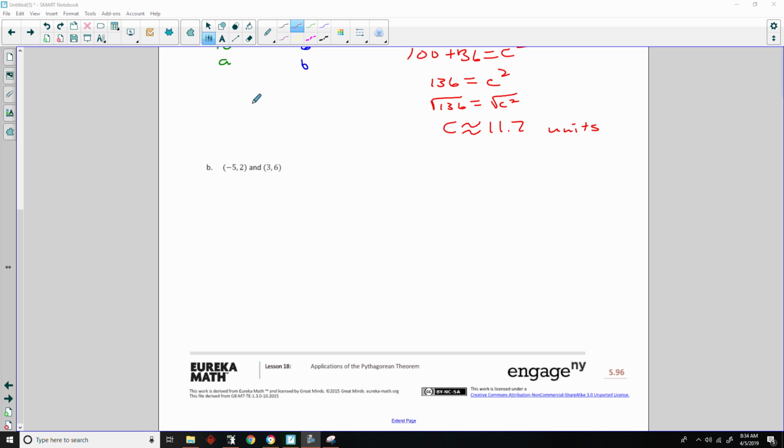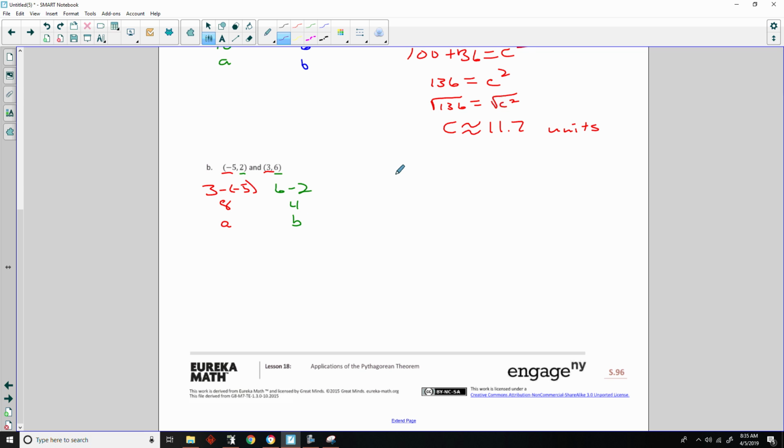Okay, part B says to do that again. So my a is the distance from -5 to 3. So it'd be 3 minus -5, or 3 plus 5, which is 8. That's my a. And my b is 2 and 6. So 6 minus 2, the distance from 6 and 2 is 4. That's my b.